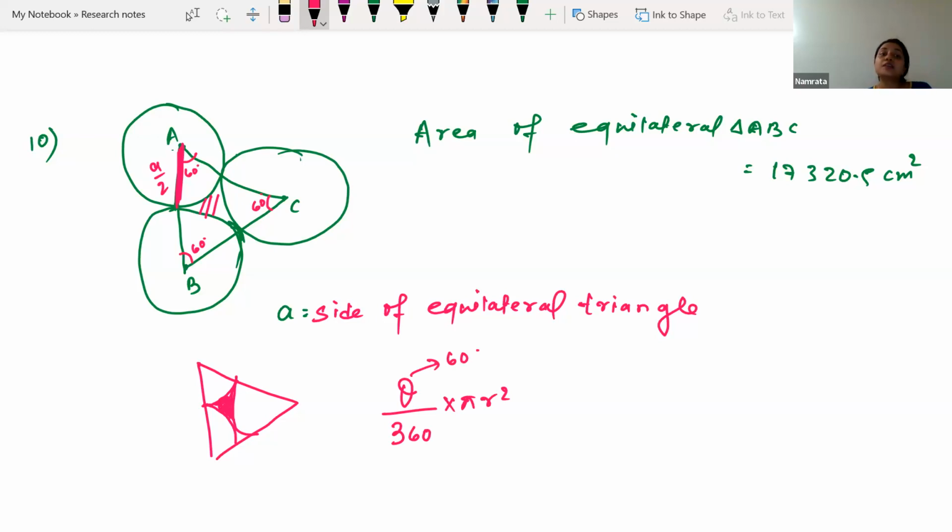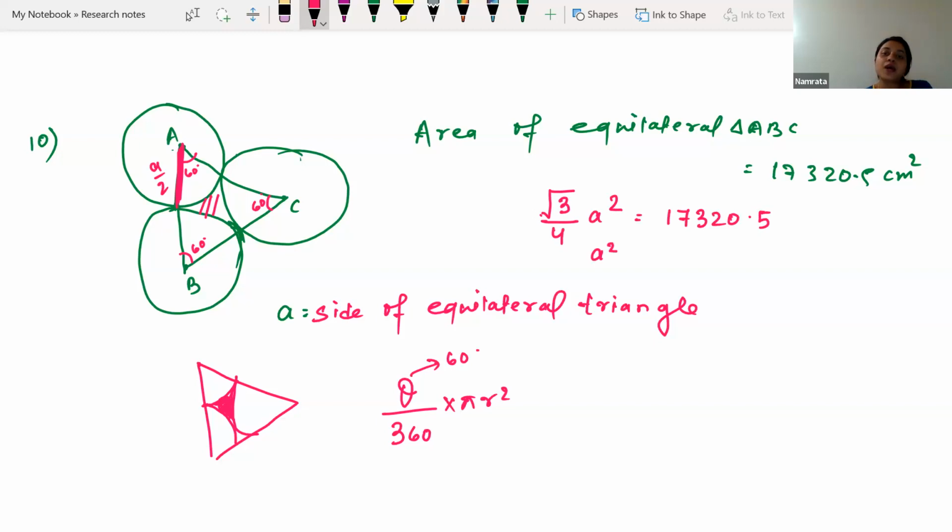It says the radius is equal to half of the length of the side of a triangle. Do we know the length of a side of the triangle? No. But the area is given, so we can write the area of equilateral triangle formula: root 3 by 4 side square equals 17320.5.